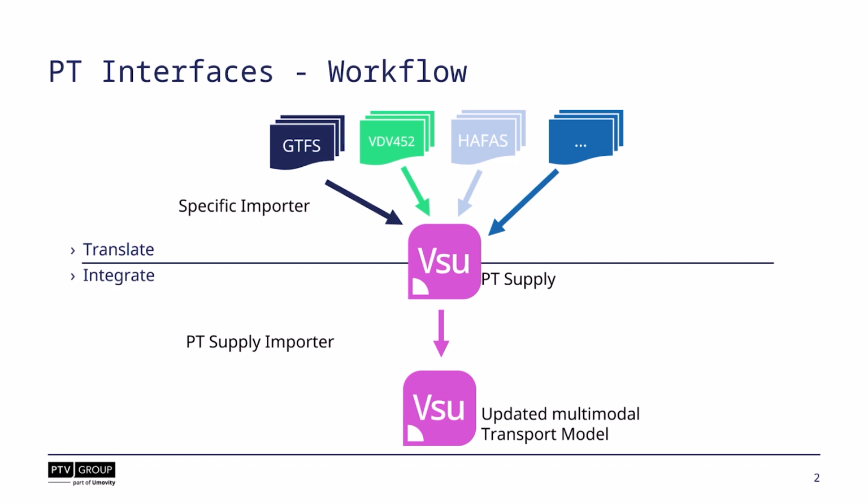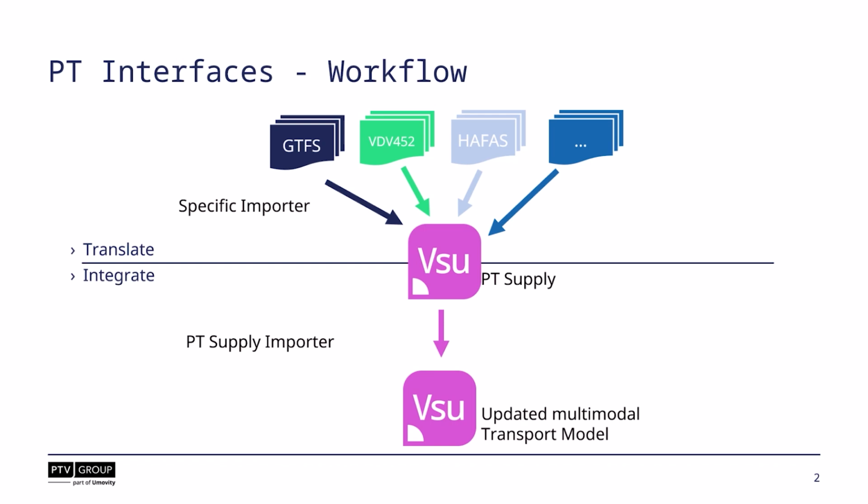Therefore, it's the best tool for both applications: initial setup of your public transport supply in a transport model, and updating your line routes and timetables in an existing network, independent of the source the data is coming from.